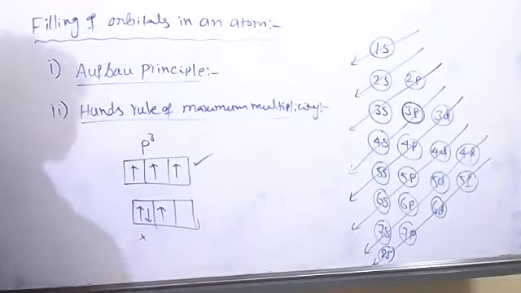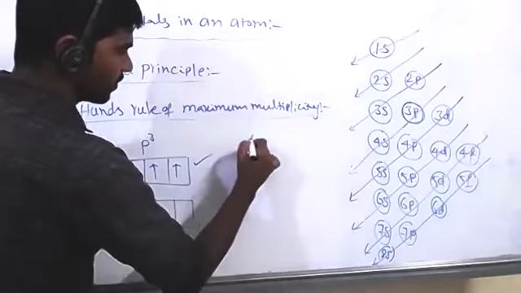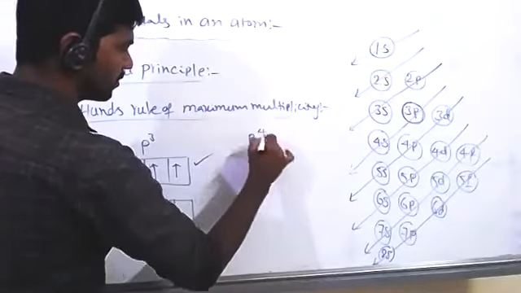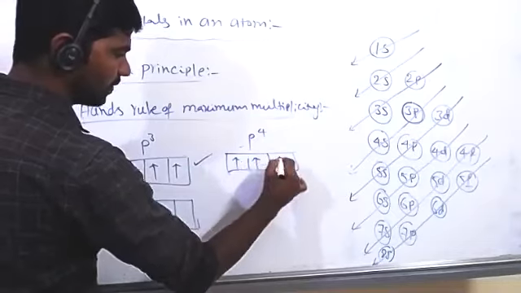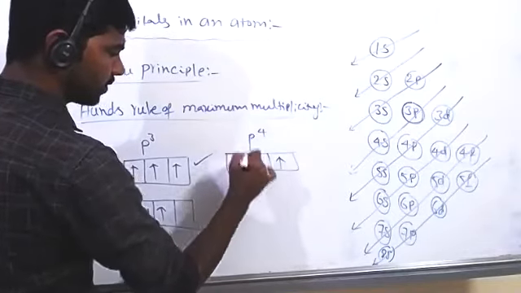This is not correct. p4: first it prefers half filling, then the fourth electron goes for pairing.